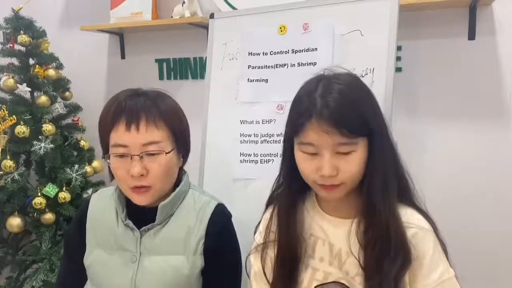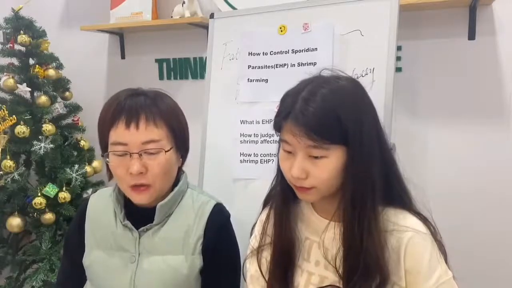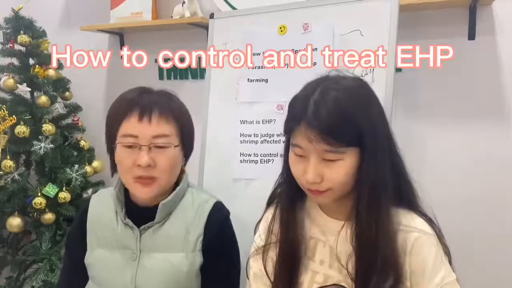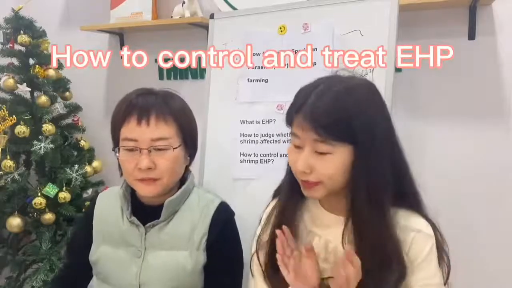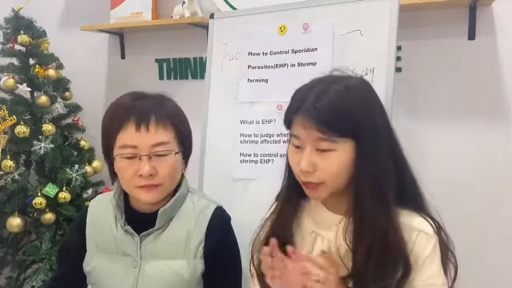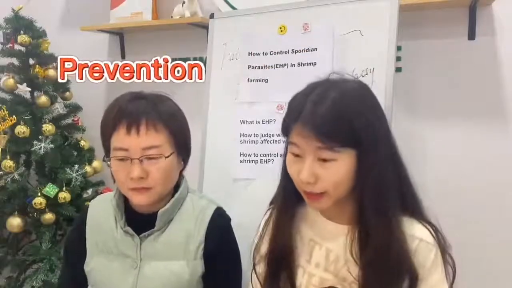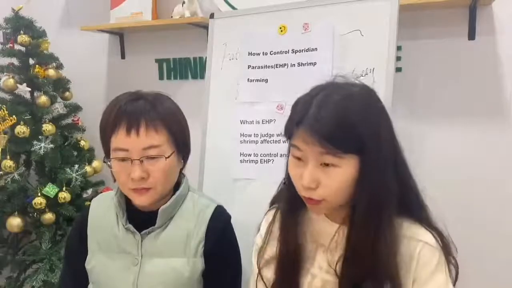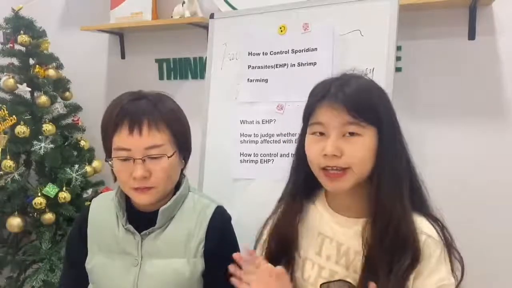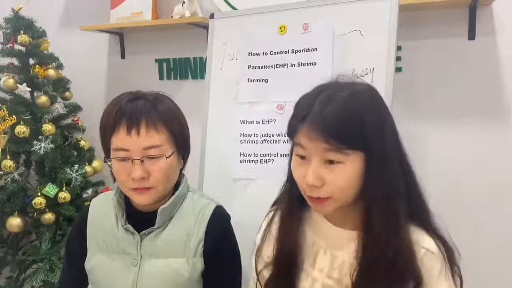Now we go to the important part: how to control and treat shrimp EHP. Like all shrimp diseases in shrimp farming, prevention comes first, and especially for EHP, since it can only be controlled to normal quantities but cannot be made to disappear.